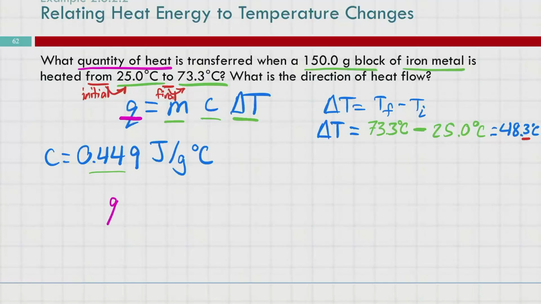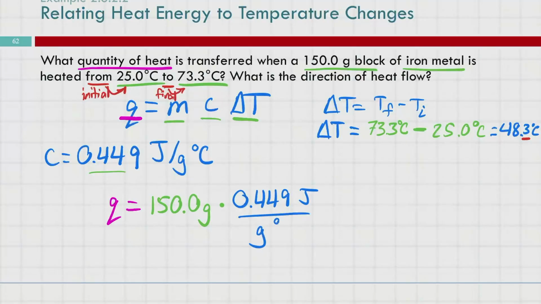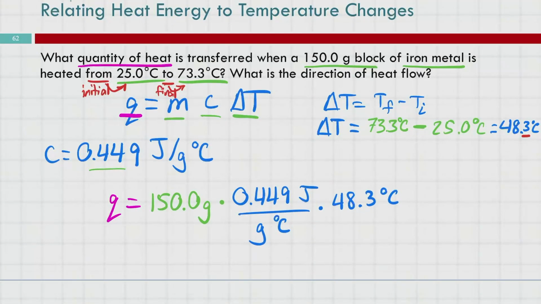And then for Q, this is equal to M, 150.0 grams, times C, 0.449 joules per gram degrees Celsius, times 48.3 degrees Celsius. And then we make sure that our units cancel. We've got grams on top, grams on bottom. So those grams cancel.